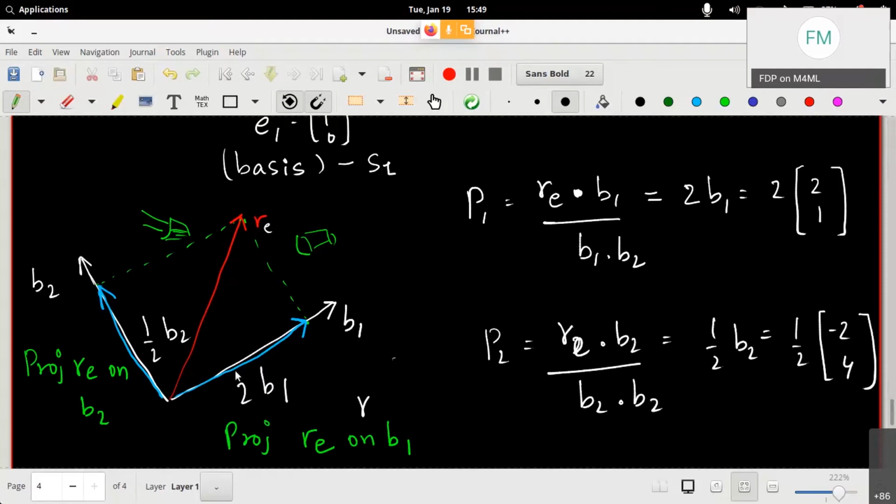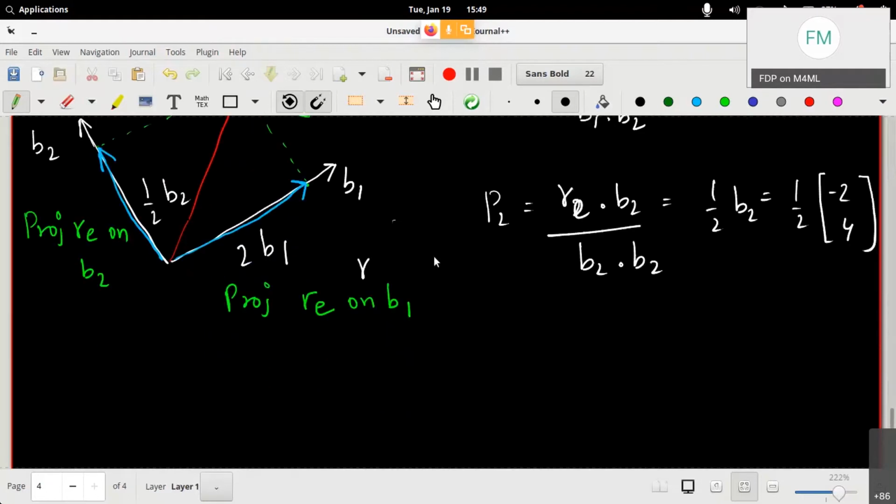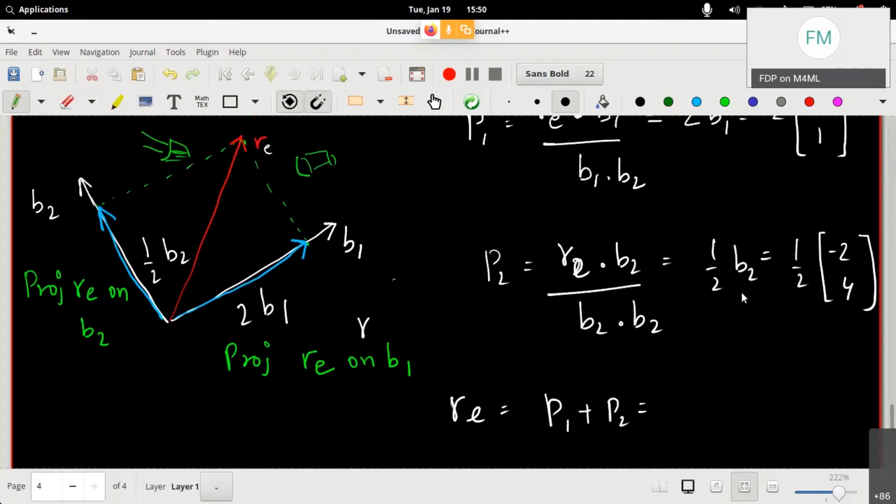And now this is nothing but RE. You can check and verify that RE was nothing but the first projection added with the second projection. So the first projection was 4, 2, and the second projection was minus 1 and 2, and what you got is 3 and 4. Indeed, this is what you got.